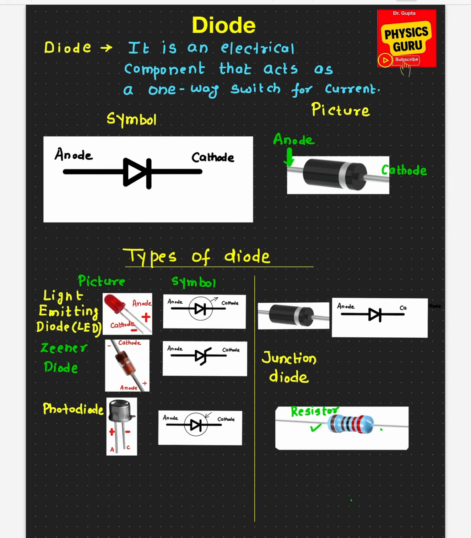The only difference from this diode, which we call a junction diode, is that we have a circle here and then lights are coming out of this one. So this arrow represents the light. What does this mean? When you supply a voltage between these two terminals, then the light will come out. And for this reason, we call this a light emitting diode.